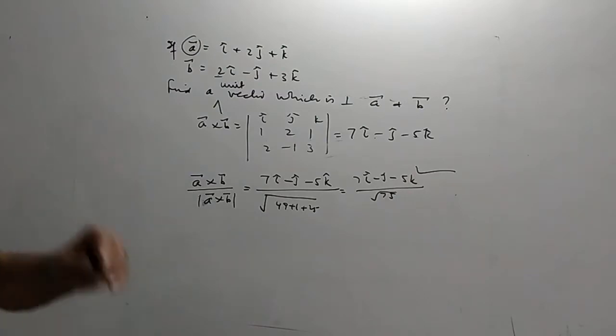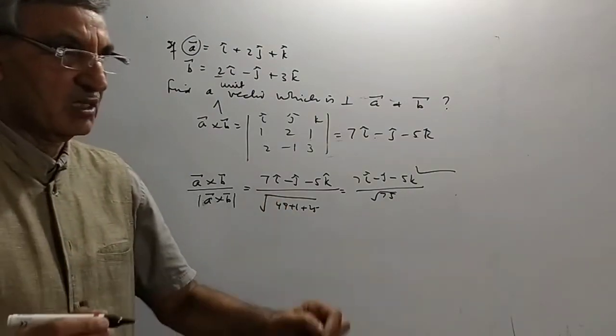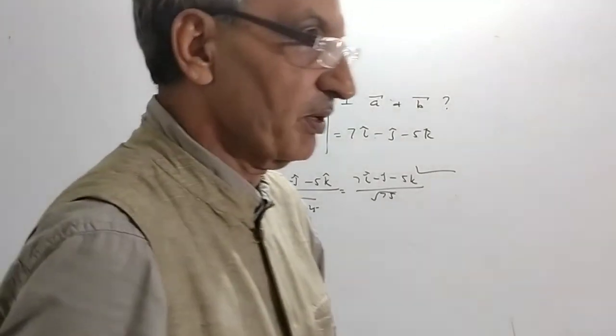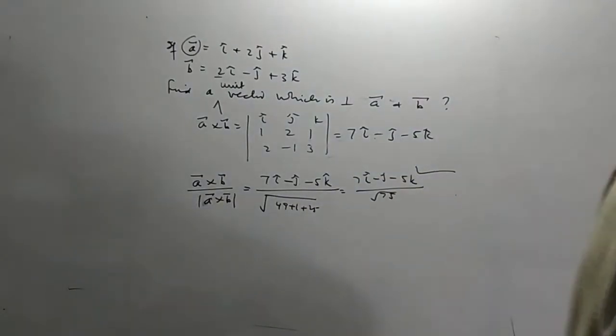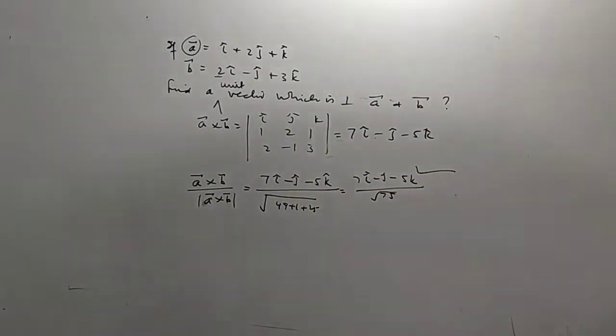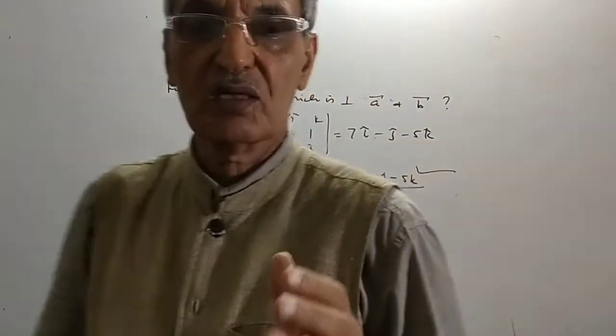A cross B is one perpendicular to A and perpendicular to B. This gives you a vector which is perpendicular to A and B, and its magnitude is equal to 1.